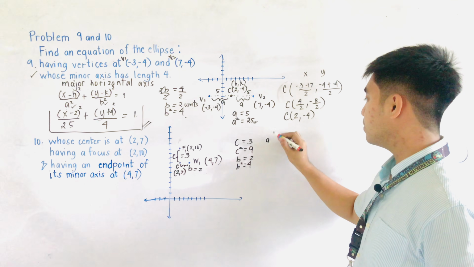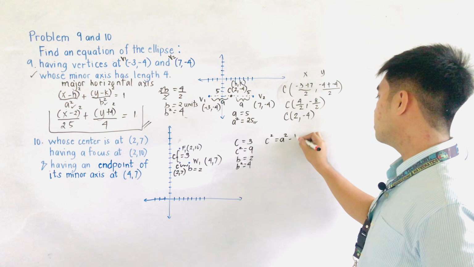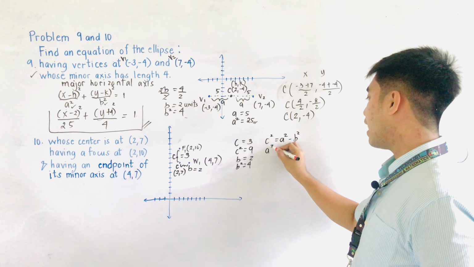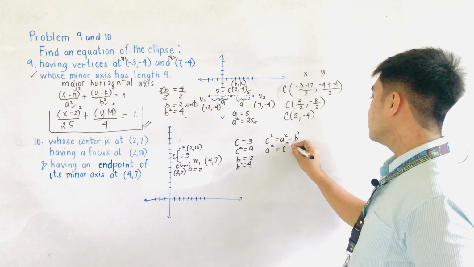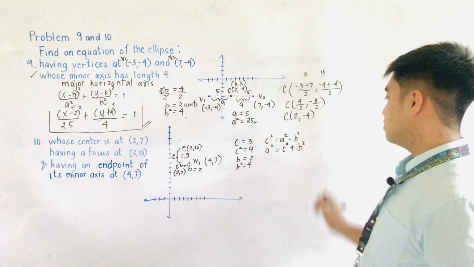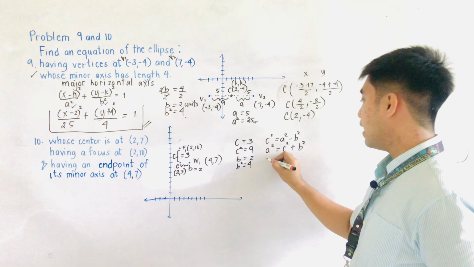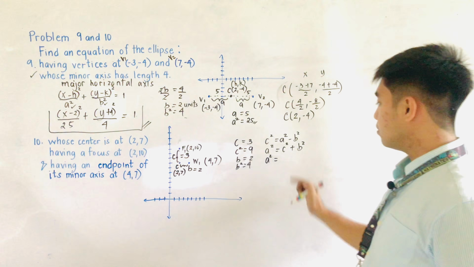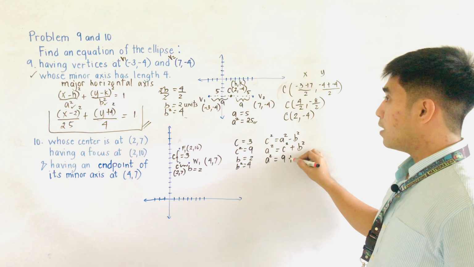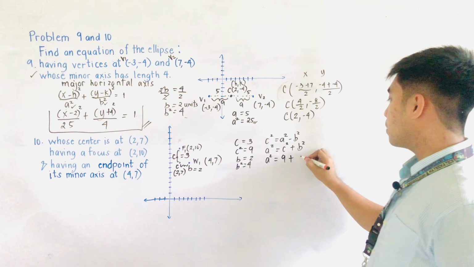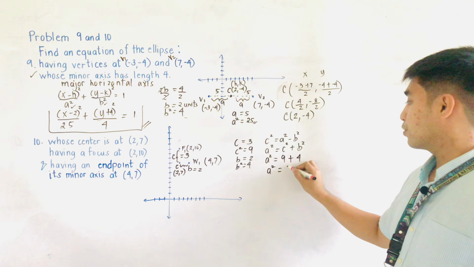Since we have the formula c² = a² - b², we'll be having a² equal to the sum of c² plus b². So this is now the formula. a² is equal to 9 plus, what is our b²? Our b² is 4. Therefore, a² is equal to 13.